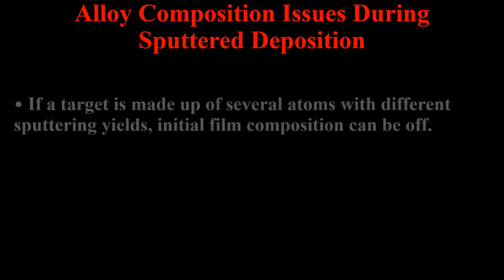We use different types of elements in the alloys, and they have different vapor pressure. So the evaporation of the different elements inside the sputtering chamber will be different, which will cause different types of issues during the sputter deposition.